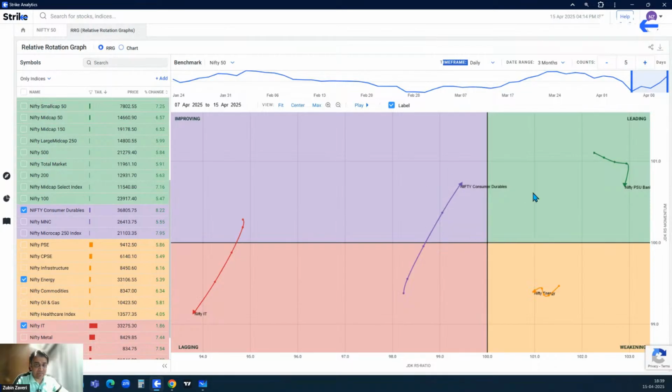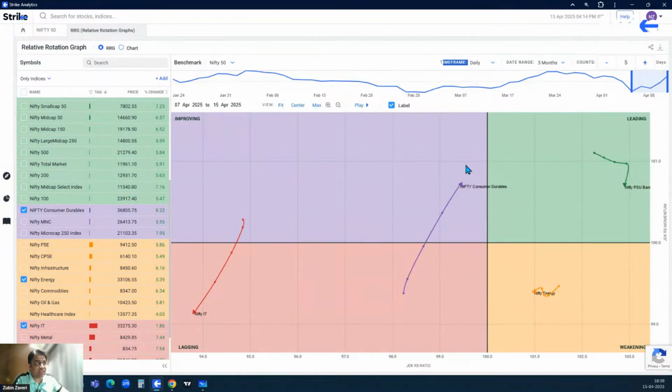If this sector keeps the momentum strong, very soon it can, can you just try to project this arrow where it is going? It's going up, up, up, and somewhere over here it's trying to get into the leading quadrant, the green side. So if the momentum remains strong, this sector could come into the leading quadrant.